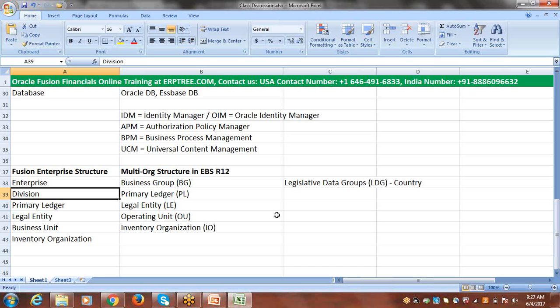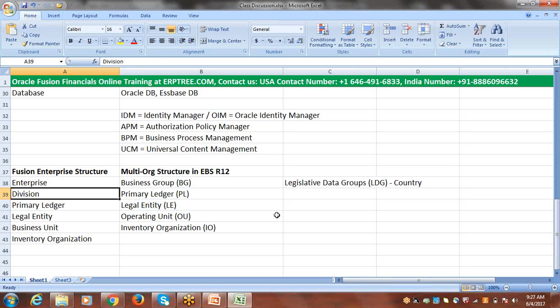Or if you are dealing with different businesses, maybe within the country or across countries, and your chart of accounts is global, then different verticals of businesses can be different divisions. The general practice we see is that a division can represent a particular business geography where you are running the business. Say APAC is one division, EMEA is another division. This is how you can classify and have divisions.